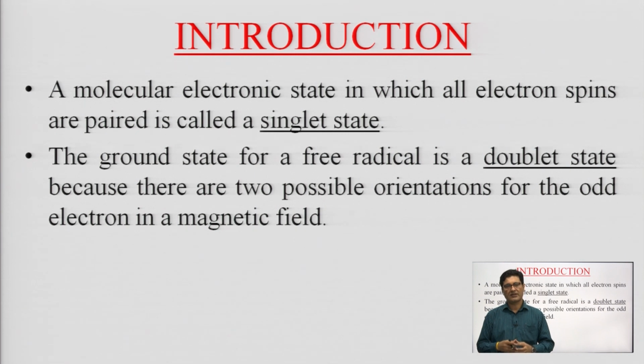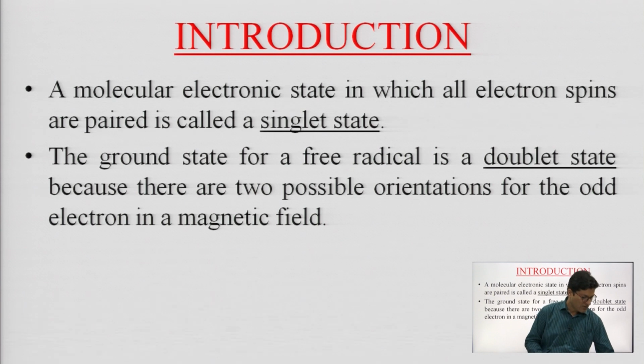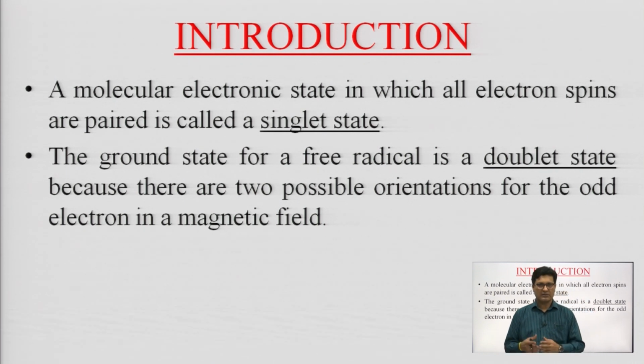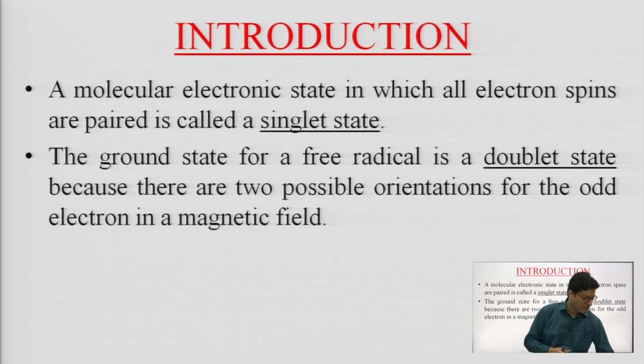In this case, two possible orientations for the odd electron in a magnetic field are possible: either aligned with the field or opposed to the external magnetic field. We will discuss in detail how we calculate the singlet, doublet and triplet states based upon the spin multiplicity rules.